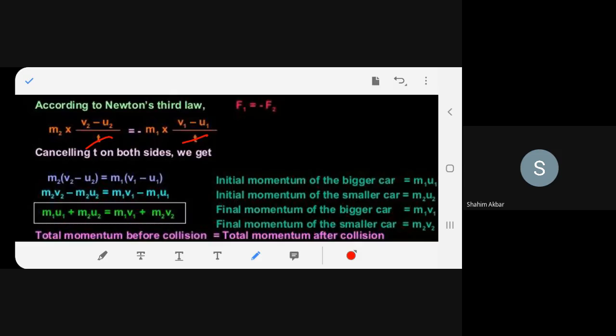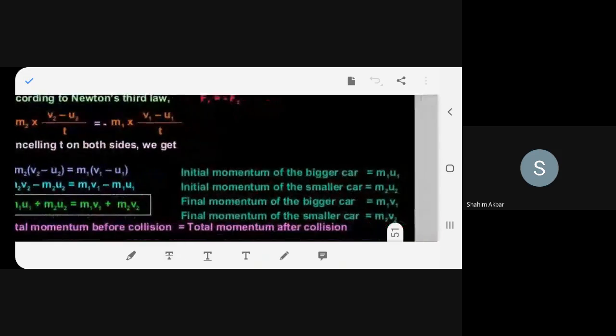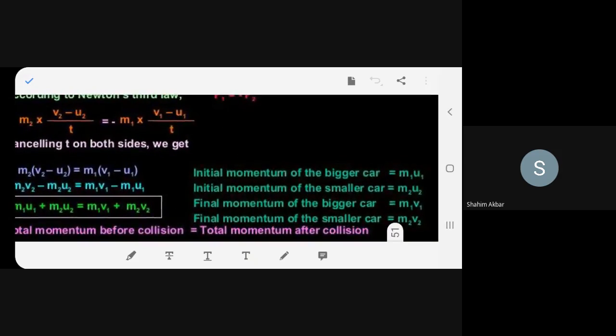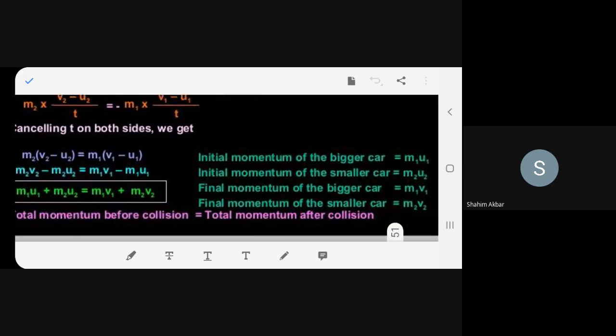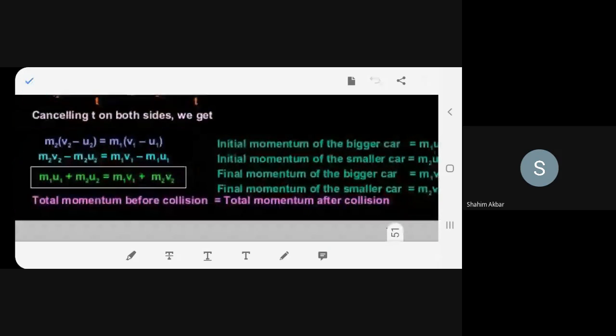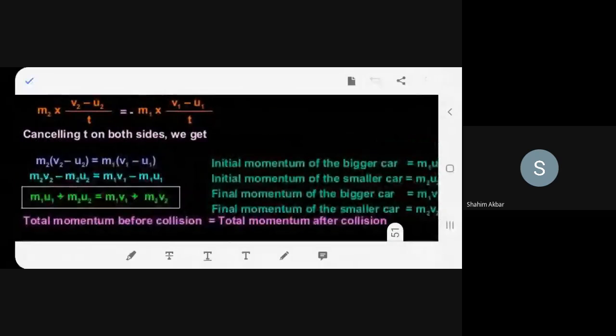And here you can find that the initial momentum of the bigger car is m1 u1 and the initial momentum of the smaller car is m2 u2, equal to the final momentum of the bigger car and the smaller car after collision. So what you find? That the total momentum before collision is equal to total momentum after collision. This is the law of conservation of momentum.